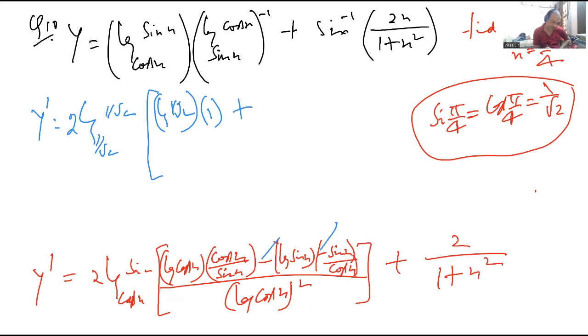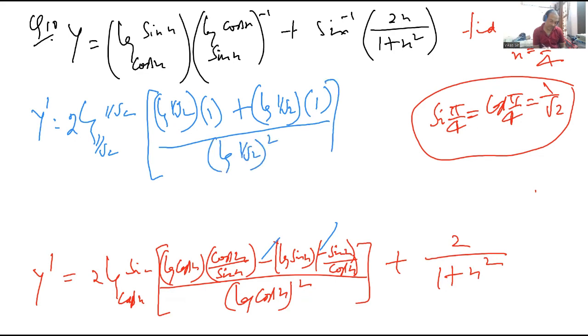In the bracket, I will have log 1 over root 2, and then again sine over cos will give me 1. In the denominator, I have log cos x, which will give me log 1 over root 2, whole square. And in this part, I will have 2 over 1 plus pi by 4, and the whole square.